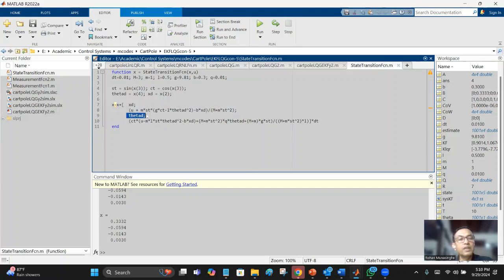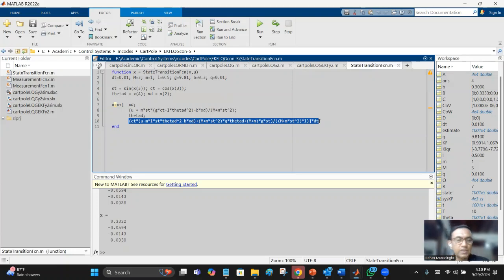This is theta d, that is the rate of change of theta, theta dot. This is theta double dot. These two equations we already know from the dynamic model, x double dot and theta double dot.